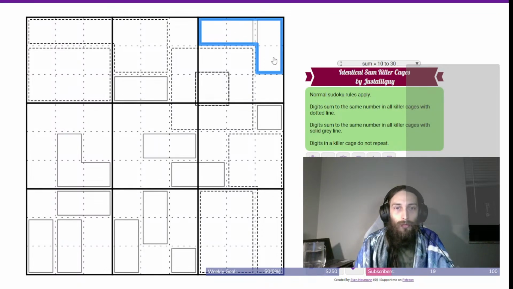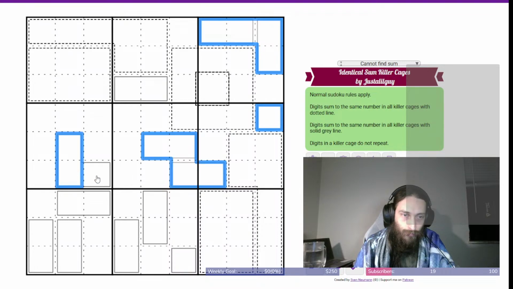Okay, so we've got two different versions of our killer cages.